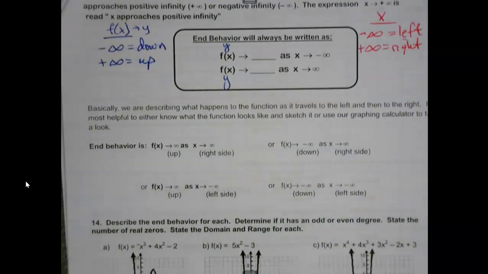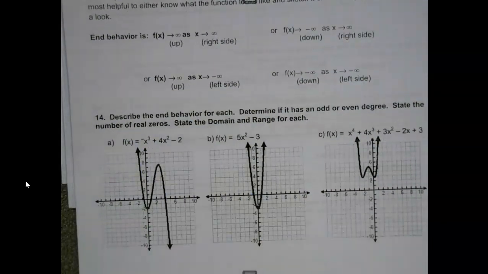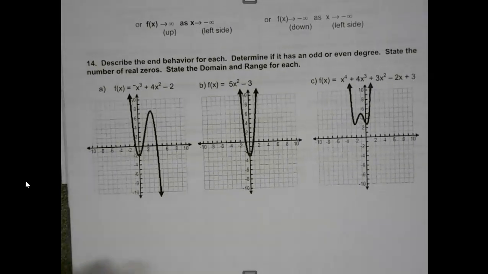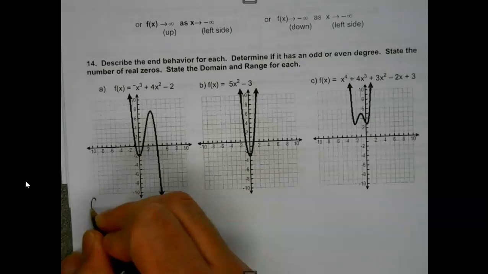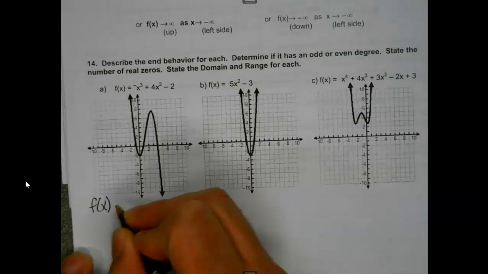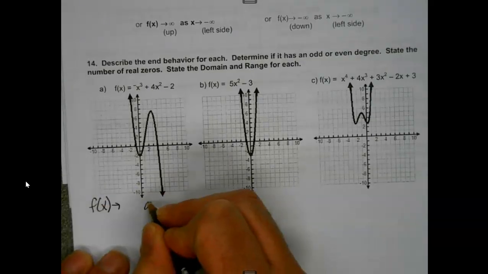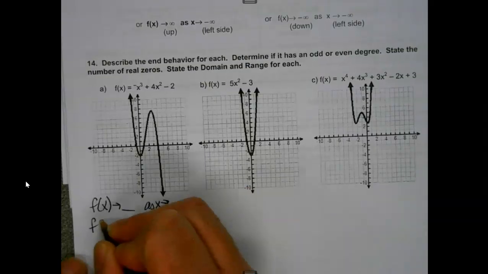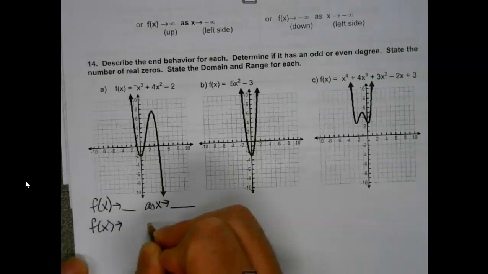So here's what we're going to do. Describe the end behavior for each. Okay, let's just focus on that for right now. Every end behavior that you do is going to look like this at the beginning.